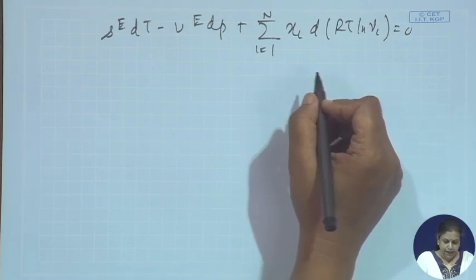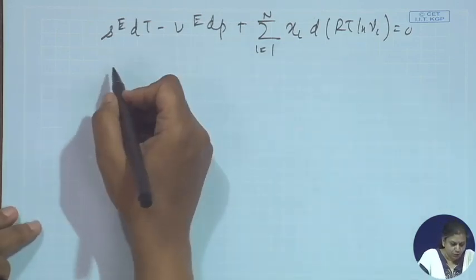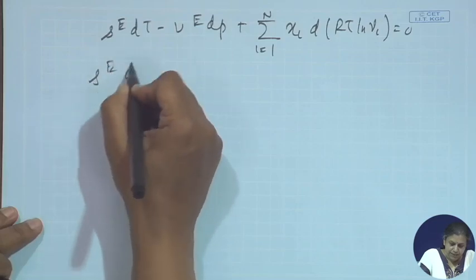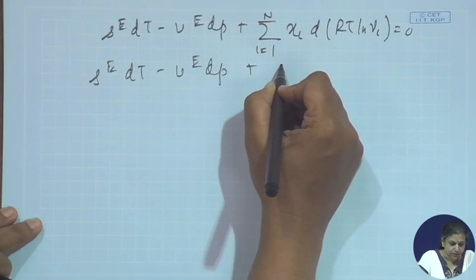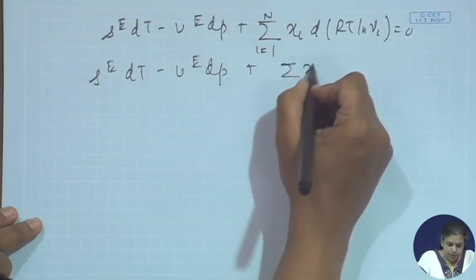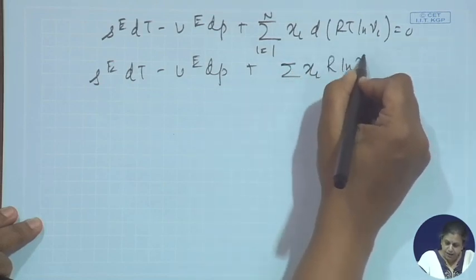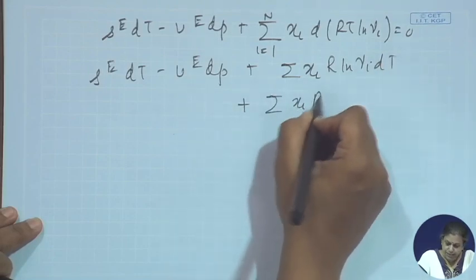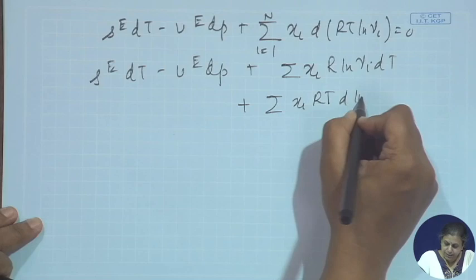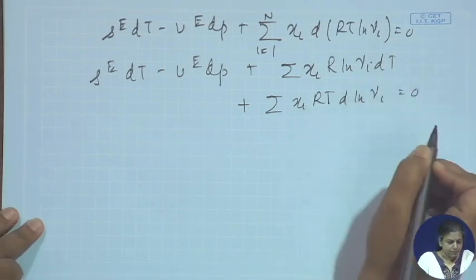Now if we expand this part, what do we get? We get S^E dT minus V^E dP. I am just deriving it so that it will be easier for you. Plus sigma x_i R ln gamma_i dT plus sigma x_i RT d ln gamma_i equals 0. Agreed.